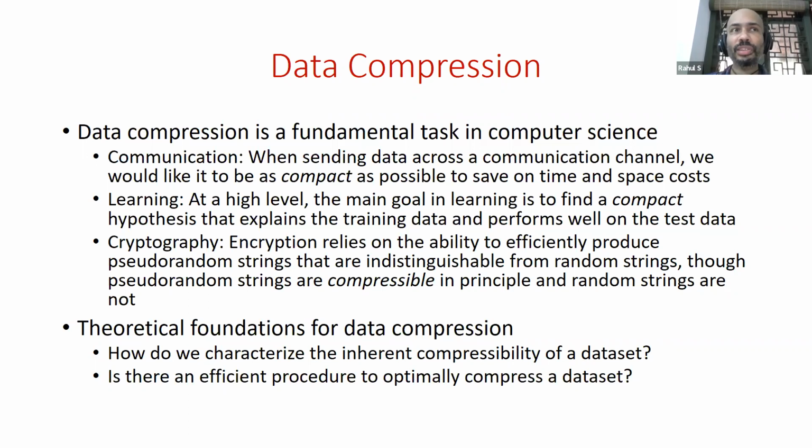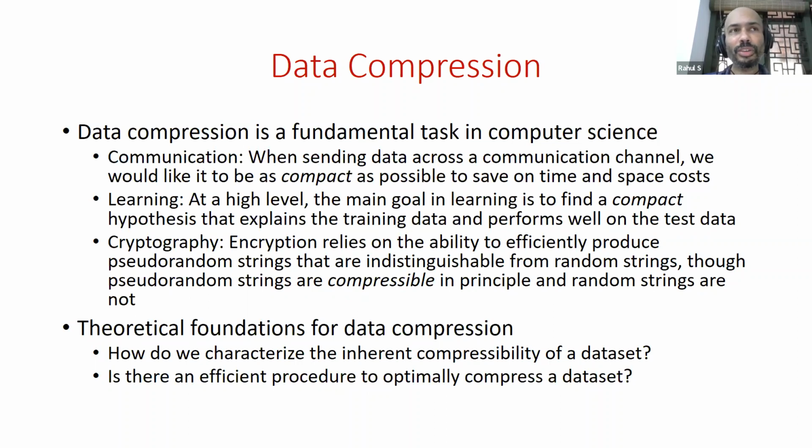But one difference that is apparent, as I'll get into more in that section of the talk, is that pseudorandom strings are compressible in principle, but random strings are not. In a way, compression can tell you the difference between pseudorandom strings and random strings. And if you can do compression efficiently, you'll be able to break pseudorandom generators. So compression is quite closely tied to fundamental questions in cryptography as well.